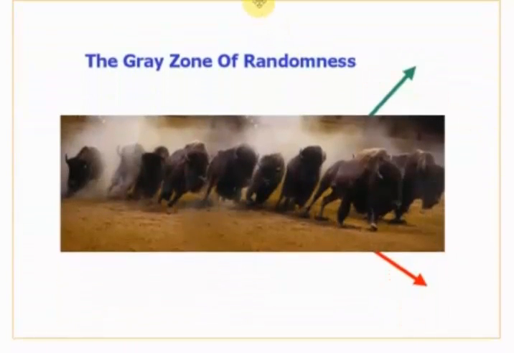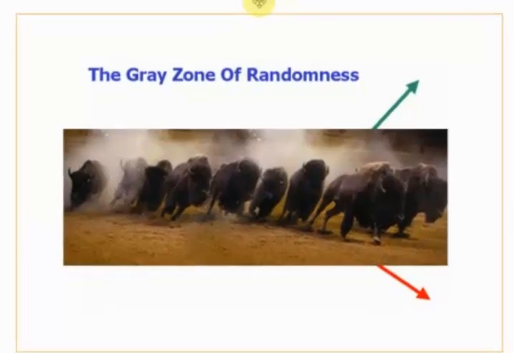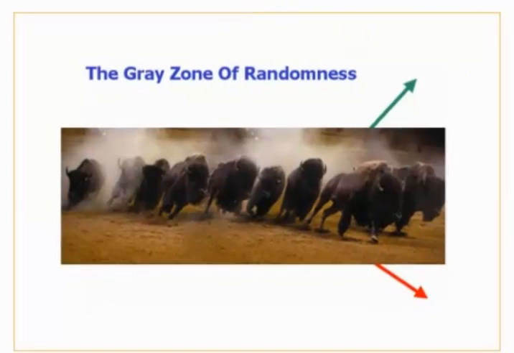A good way to think about it is this. Here's a great analogy. It's kind of like a stampede of buffalo. You've heard the phrase that market participants are kind of like a stampede. Imagine in your mind's eye you've got a herd of buffalo.